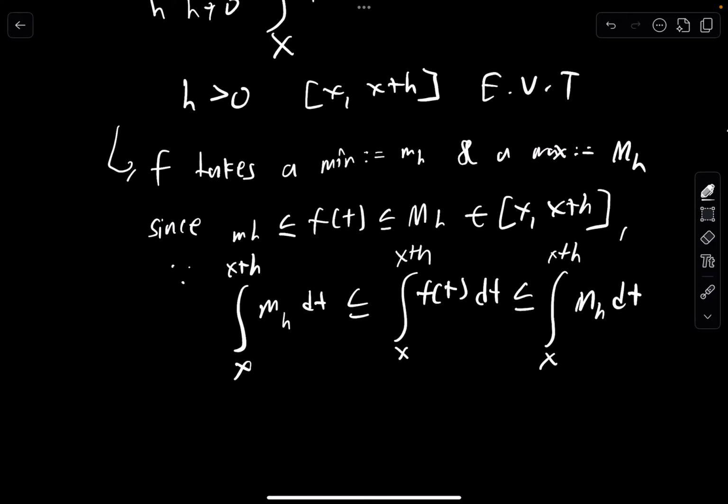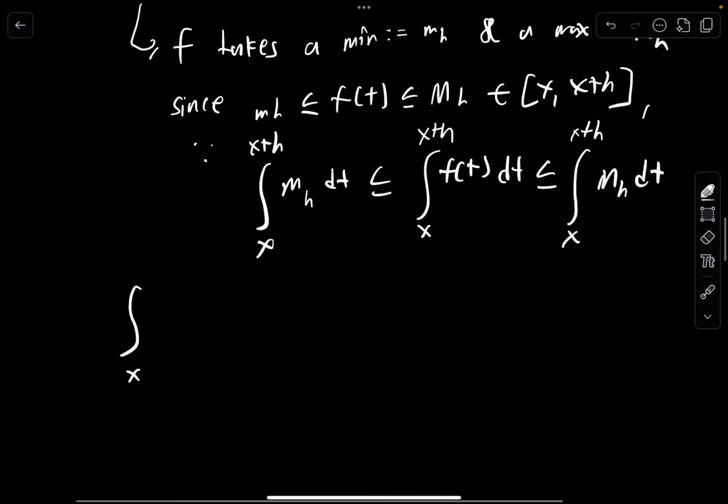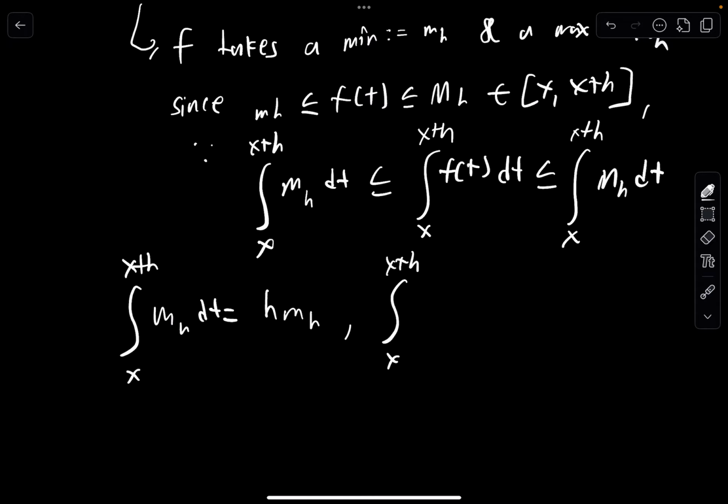Now, here's the thing, guys. We know that the integral from x to x plus h of m_h dt is equal to h times the minimum m_h. And similarly, for the maximum value, this is literally just equal to h times the maximum M_h.